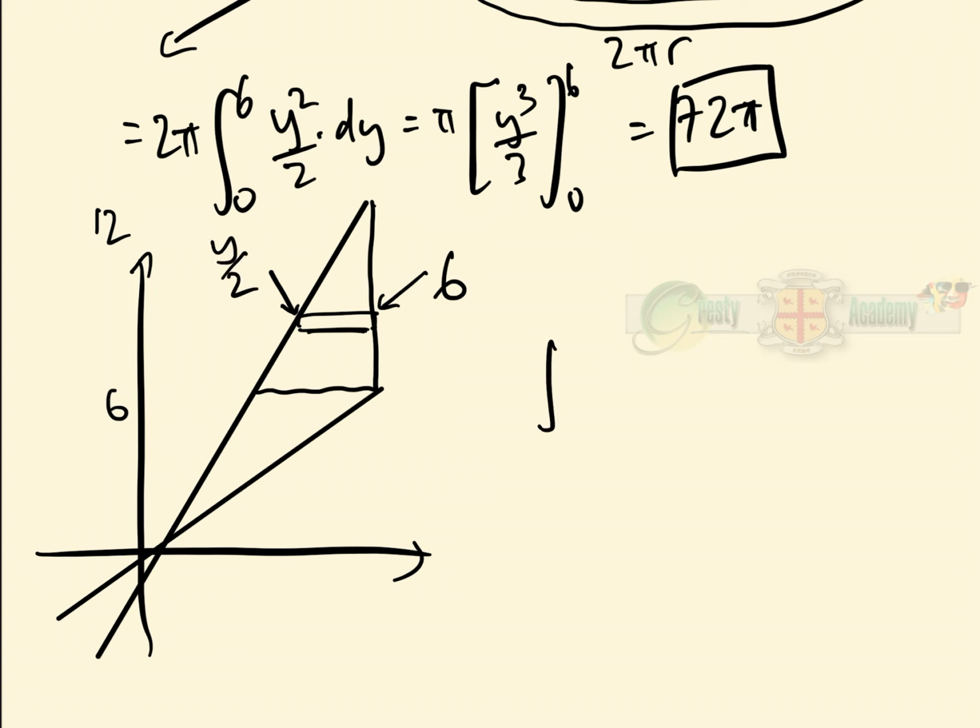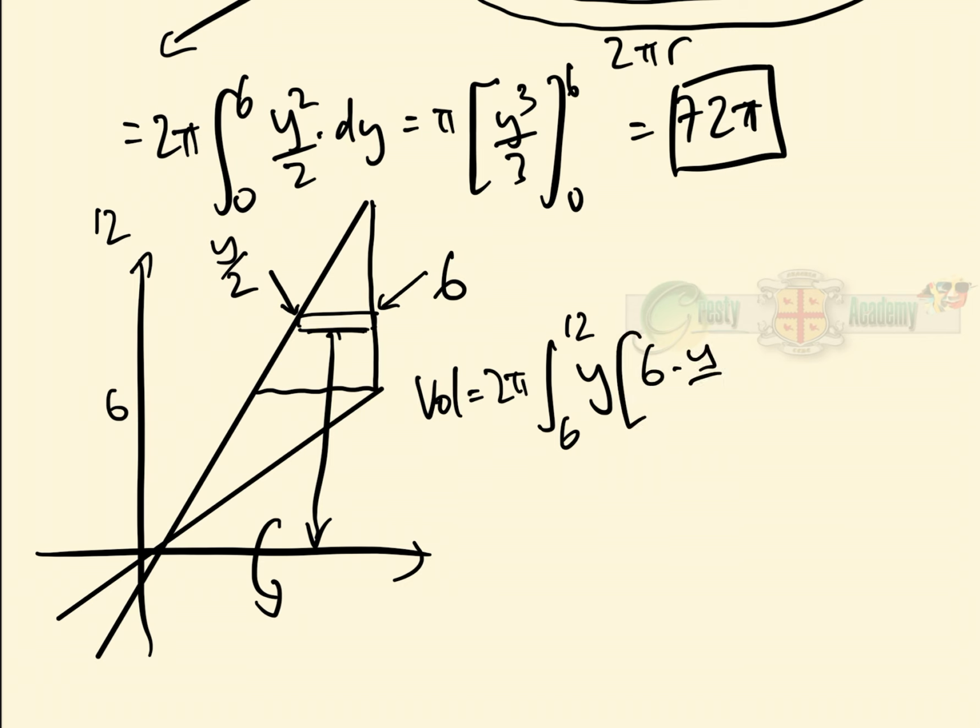So when we're integrating between 6 and 12, the volume is going to be 2 pi times the integral between 6 and 12 of y again, which is the radius because we're revolving around the x-axis, remember, times 6 minus y over 2, which is the height, dy.